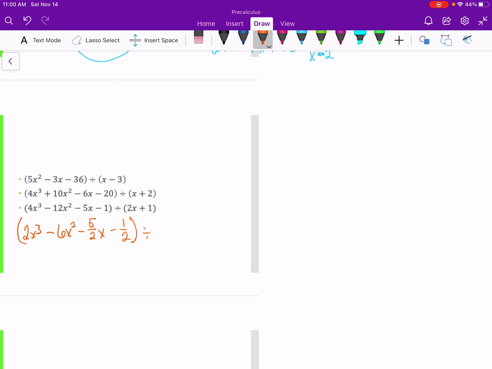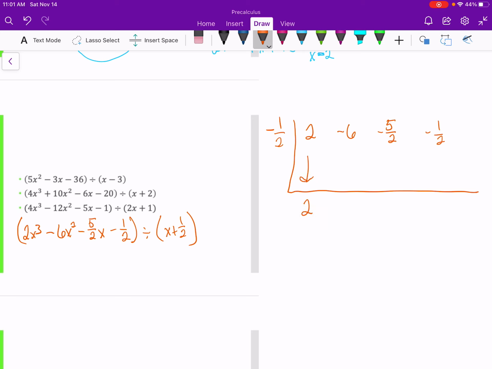And we're dividing that by x plus 1/2, dividing by 2 again. So we know that we should have -1/2 on the outside of the box. Fill in our box, 2, -6, -5/2, and -1/2. Bring down the 2.